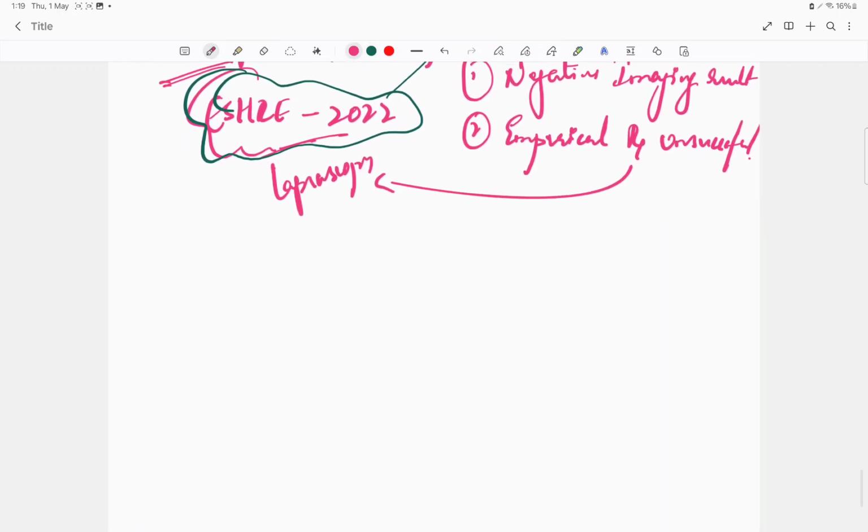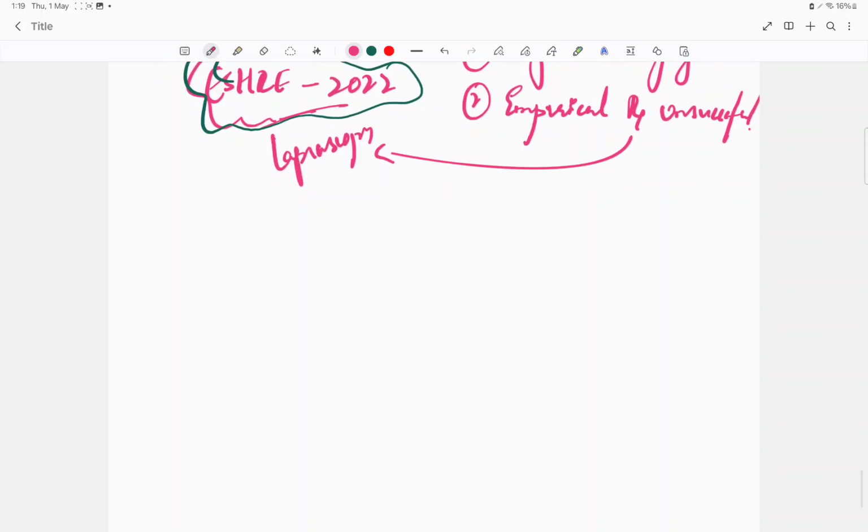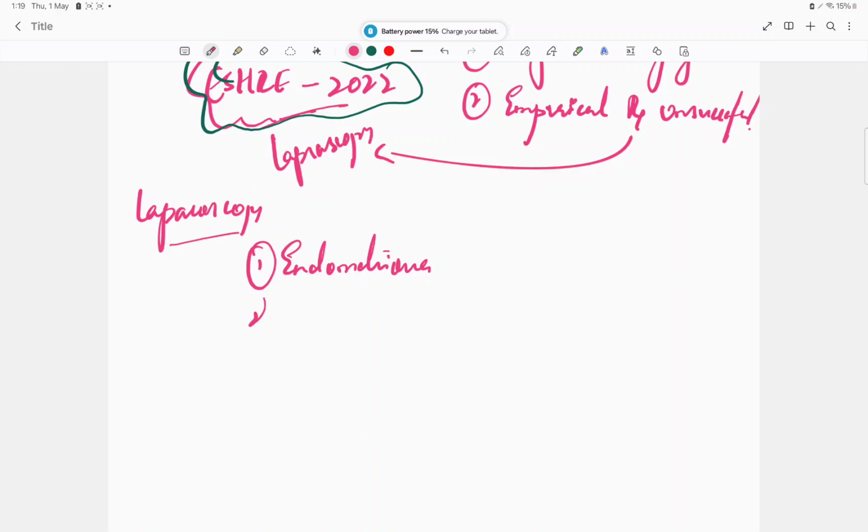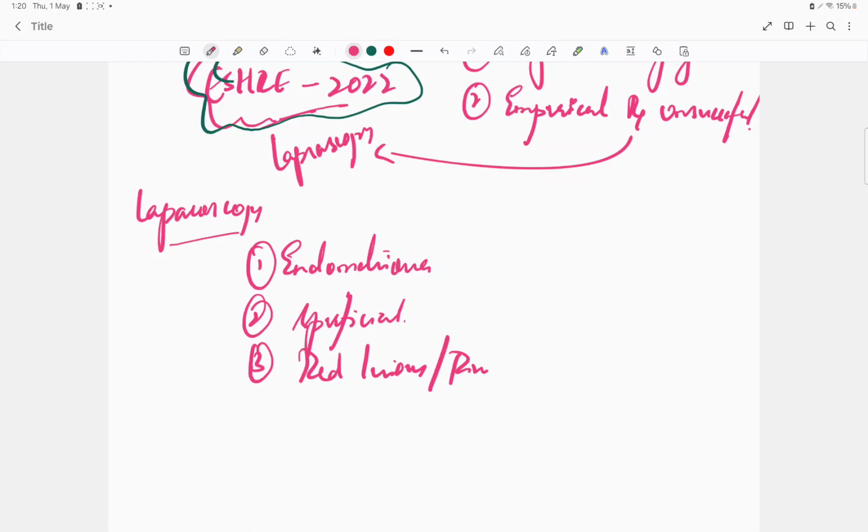Now what are the things that you can see in the case of endometriosis? First one is endometrioma. Second thing is superficial lesions, red lesions or pink lesions, clear lesions, white lesions, yellow lesions, black lesions, all the colors of lesions can be seen.